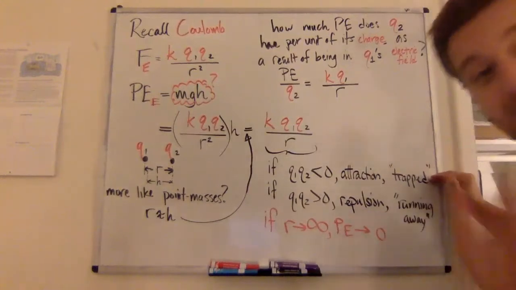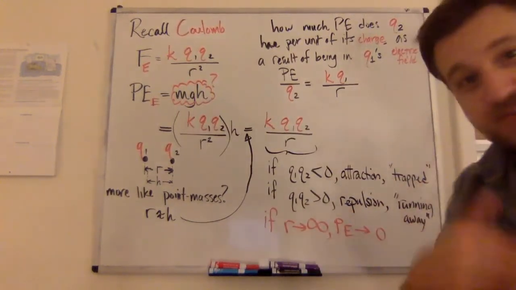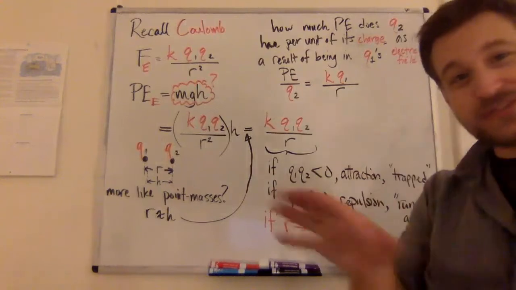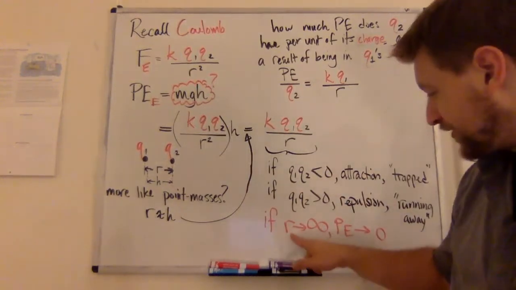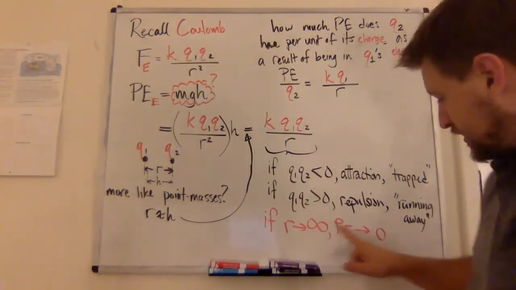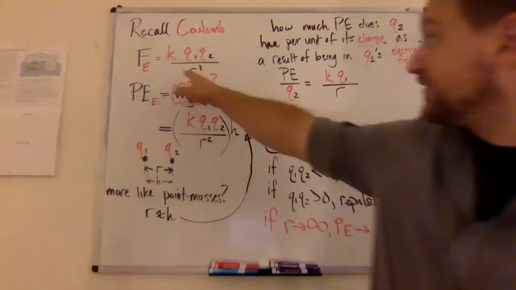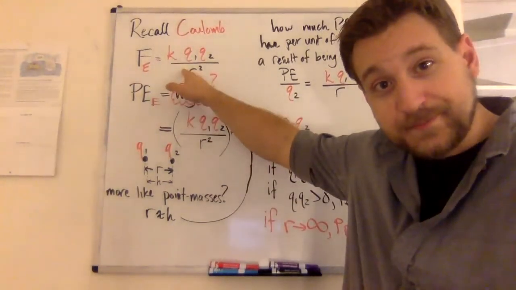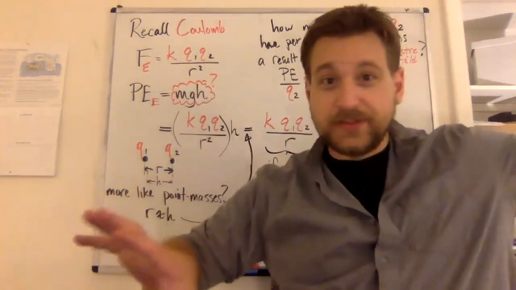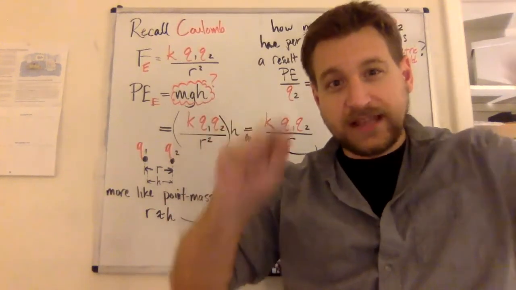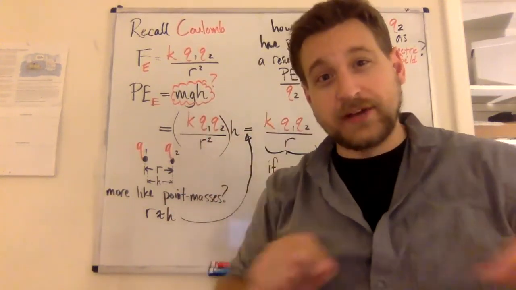And that's a trapped state, just like we saw before. In either case, whatever the story is, the farther away we get, the less the interaction matters because the weaker the force gets. So the farther away we get, the less the size of our potential energy.